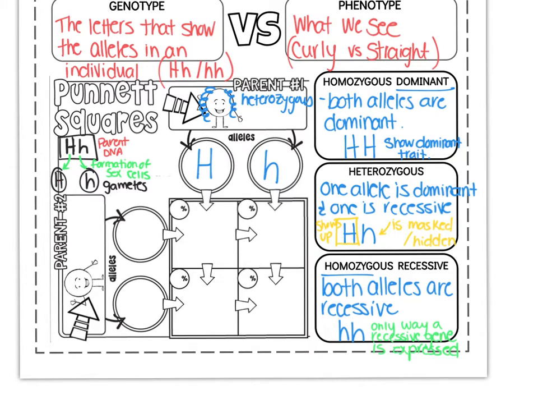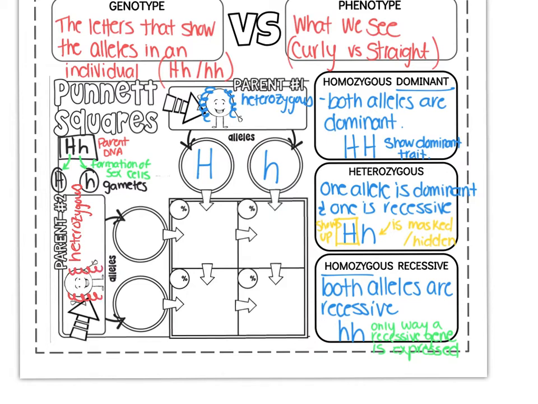Now, our second parent, I'm going to give them their curly hair because we're going to say that they are also heterozygous. They have curly red hair. I'm just trying to show two different parents.